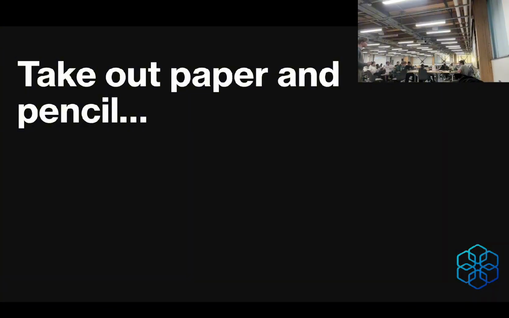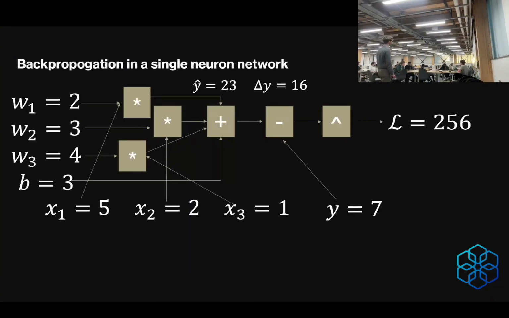So let's imagine this scenario. We're going to have a network that has 3 weights and 1 bias, and it's going to have 3 inputs. For the result of that network and those inputs, we're going to produce a y that's going to be compared to y at the bottom. So y equals 7, that is the ground truth. We are going to compare it with what the model outputs.